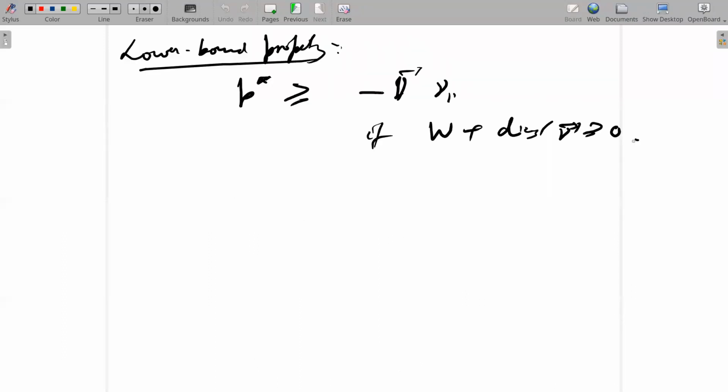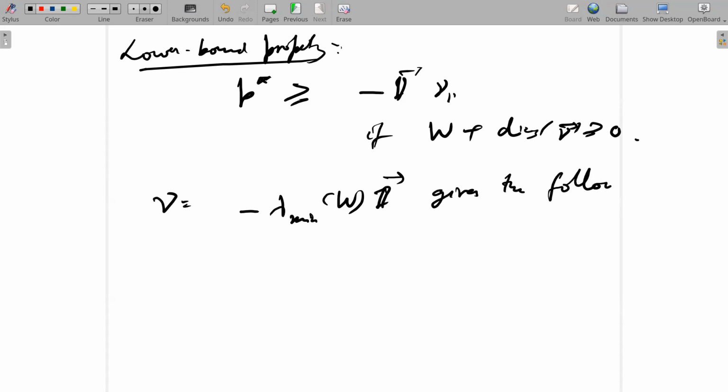But we do know that if I choose my vector nu to be the negative of the minimum eigenvalue of W, times this, so I am repeating minus lambda min W n many times, it gives the following lower bound.